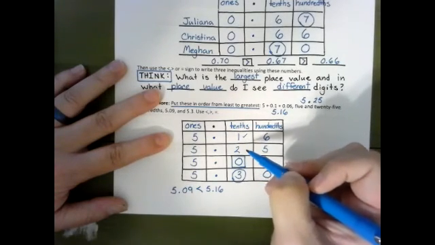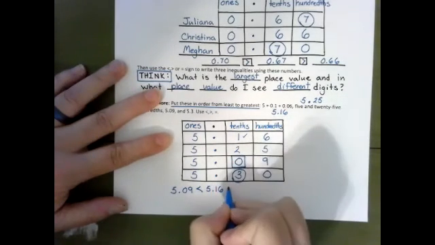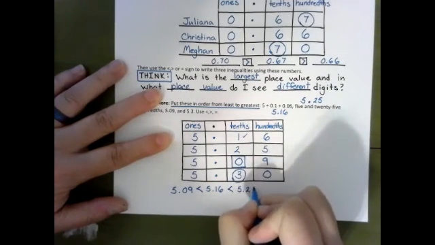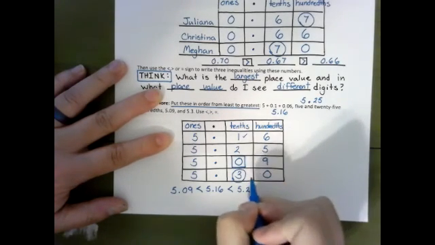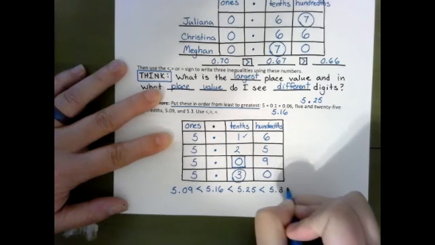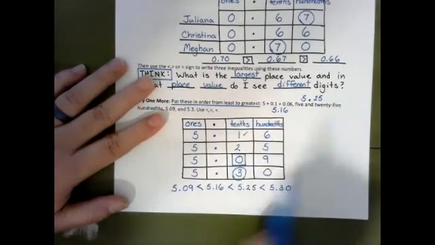That's right, 2 tenths. So 5 and 16 hundredths is still less than 5 and 25 hundredths. And that value is less than our highest value, which is 5 and 3 tenths. Using this inequality, we have just placed them in order from least to greatest.